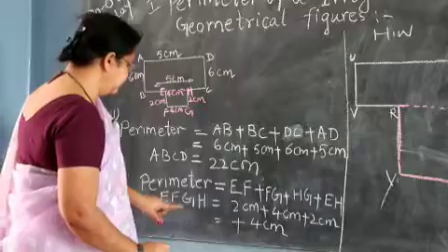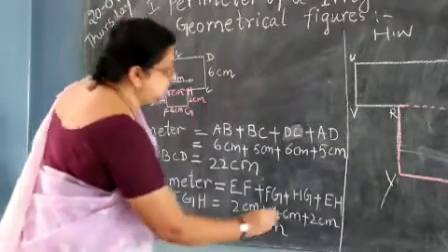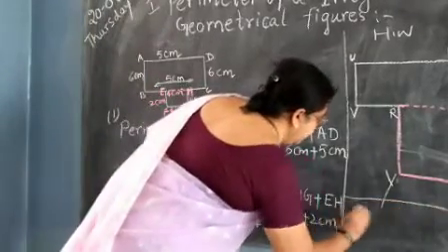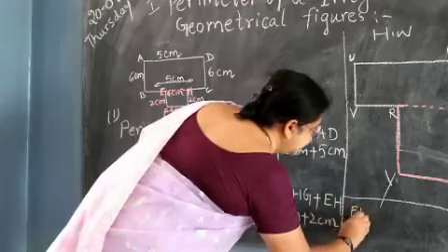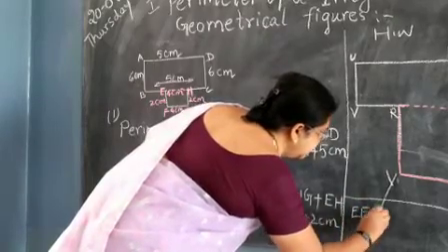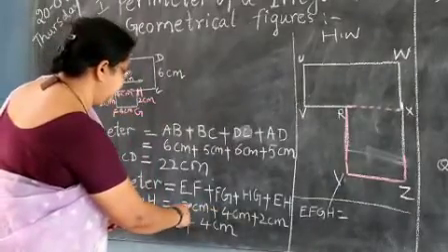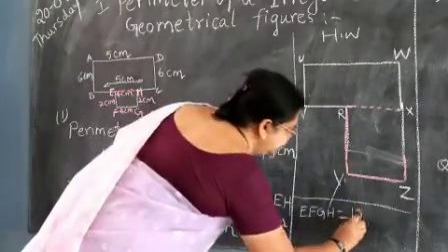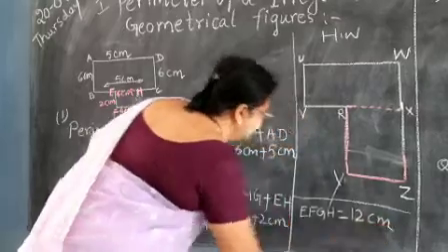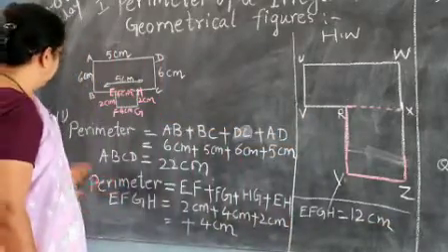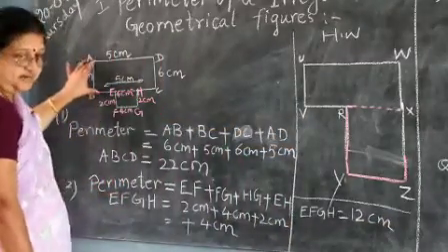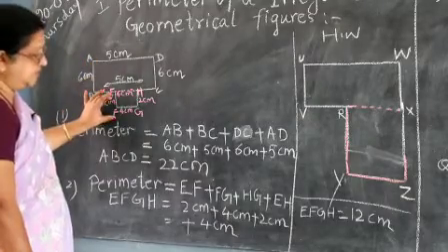Now how much is EFGH in total? EFGH is equal to 12 centimeter. So now we have got the perimeter of the bigger rectangle and the next small one.